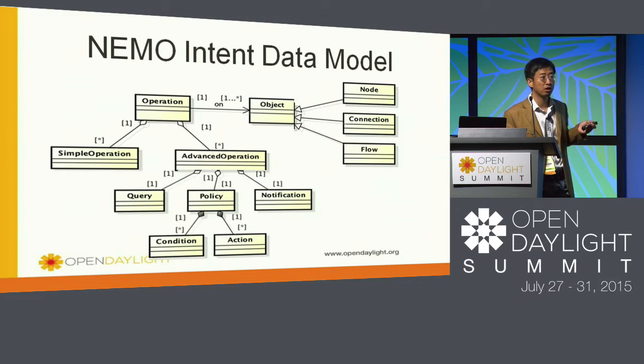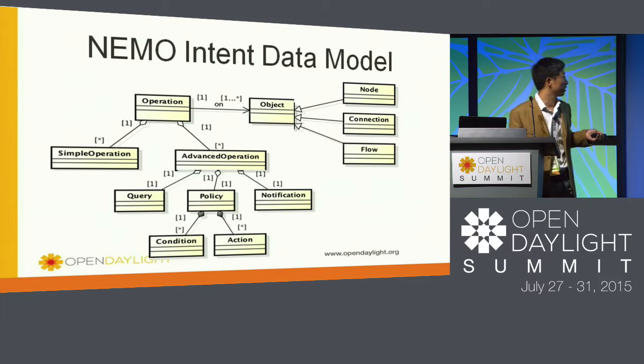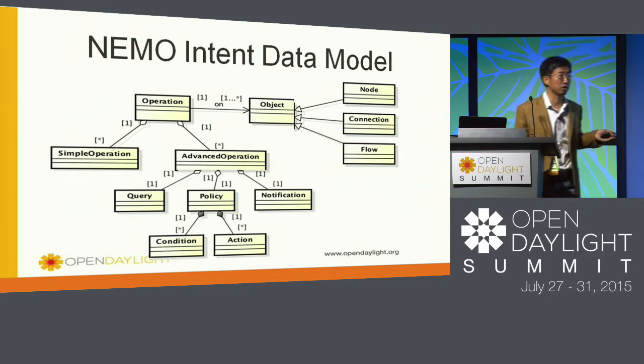Policy is a major control behavior to the network. It includes a condition: under some condition, execute some action with some constraint. So we can give a very clear and very simple intent model to describe all the customer intent to the network.